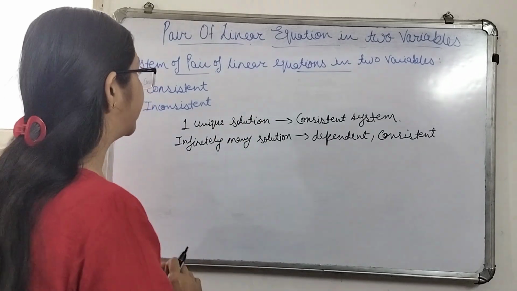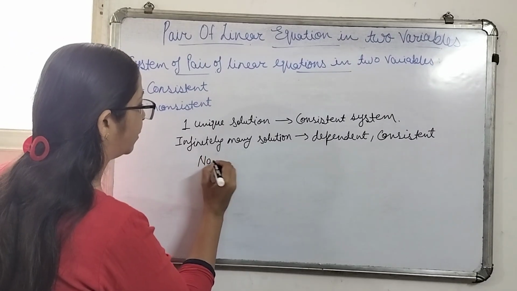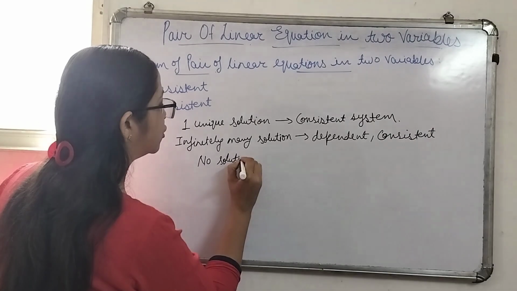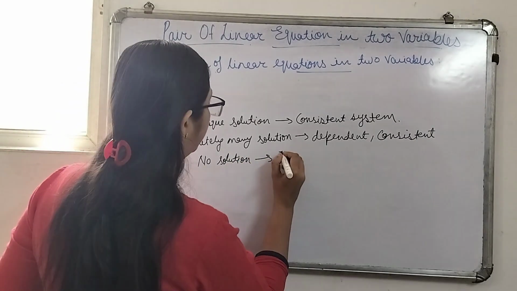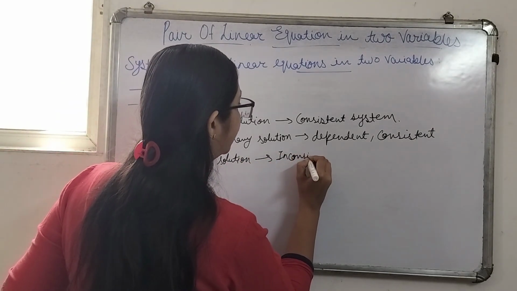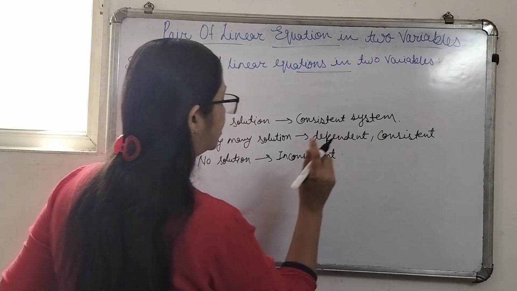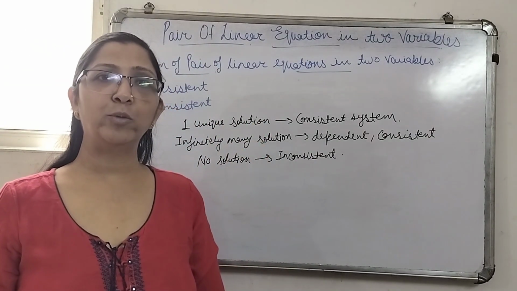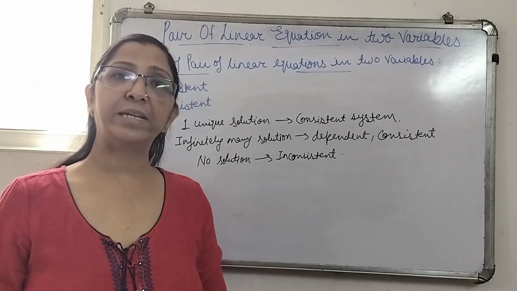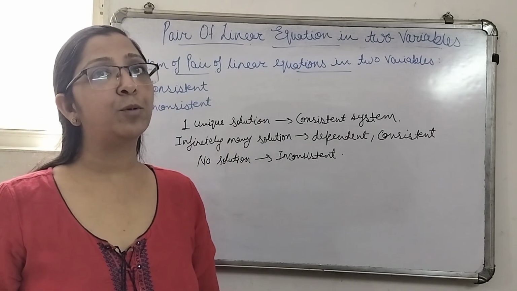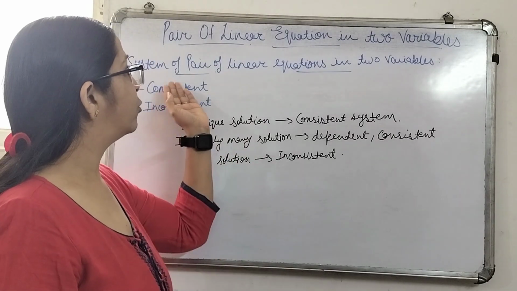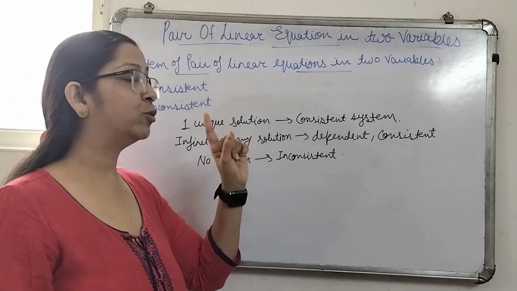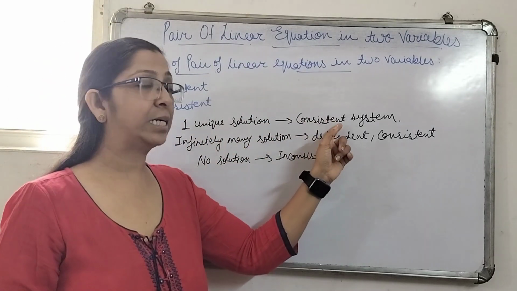And if there is no solution for the pair of linear equations, then such a pair is known as an inconsistent pair of linear equations. So either there is one solution for the pair of linear equations, or there could be infinitely many solutions, or it is even possible that there is no solution for the pair of linear equations in two variables. If there is only one unique solution, then it will be consistent.